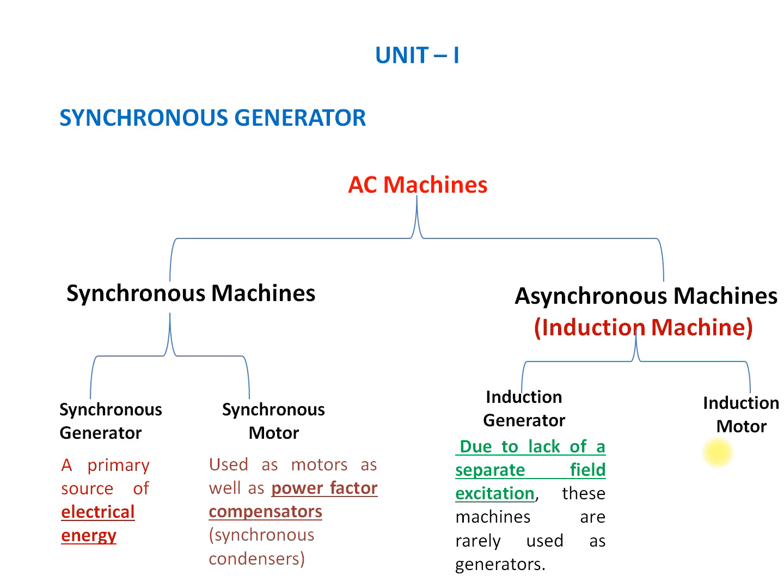Since induction generators lack separate field excitation, they are rarely used as generators. But because of the ruggedness and the variable supply nature of induction generators, they are used with wind generators, because the wind speed varies depending upon the time.